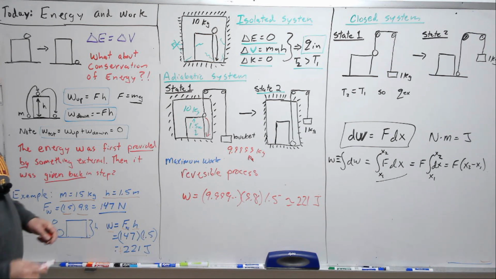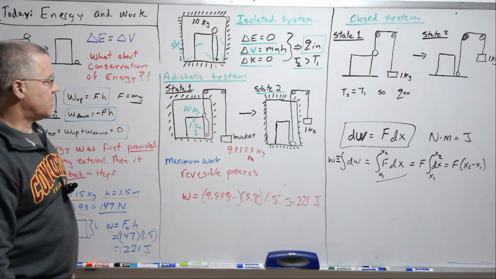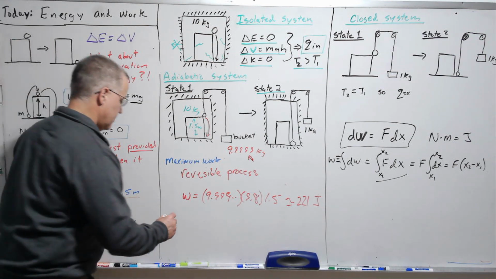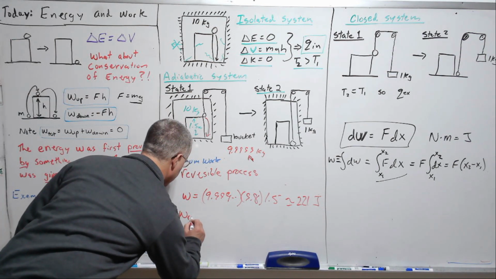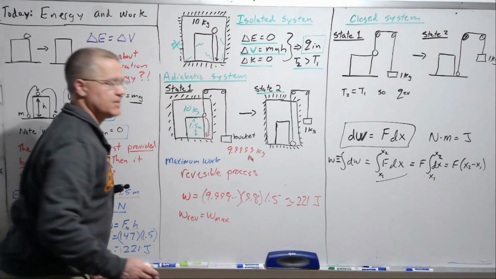And so this work is exactly the change in energy that occurred in the system. This work we call work reversible, and we call that work max.